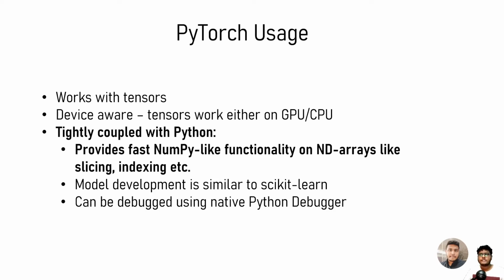So these functionalities come with PyTorch directly. And all the operations that you can pretty much do in a NumPy ND array, operations like slicing, indexing the array and so on, all these things you can also do on a PyTorch tensor. So working with a PyTorch tensor will pretty much feel like you are working with a NumPy ND array, right?